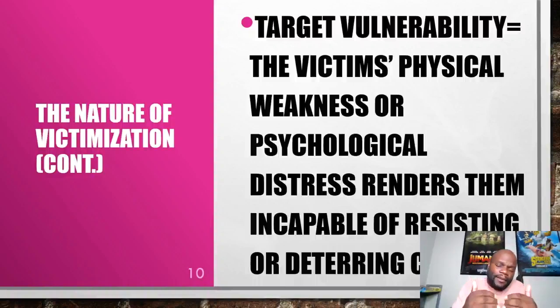Like there are people that have innate vulnerabilities, and some of these vulnerabilities they're born with. Sometimes they develop, sometimes they inherit, or sometimes something may have happened in their life that may cause this vulnerability. When a victim has a physical weakness and they have psychological distress, what it does is it renders them incapable of resisting or deterring crime.